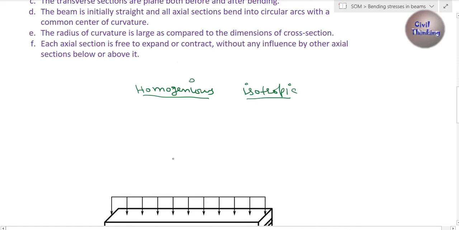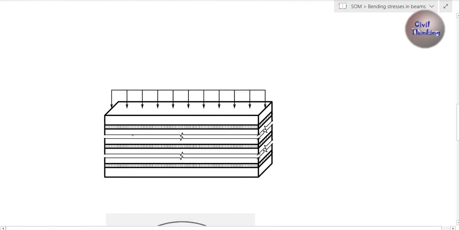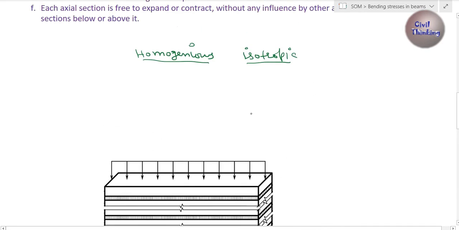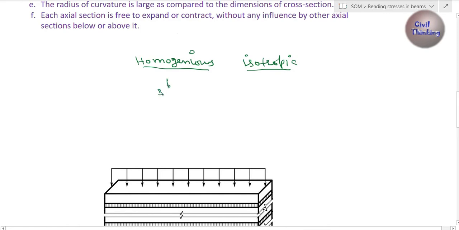Okay. Now look at this beam. If the material in this beam all over, everywhere, is the same, right? Same material, then it is said to be homogeneous.